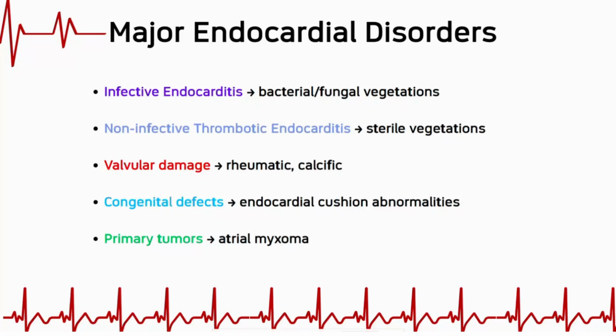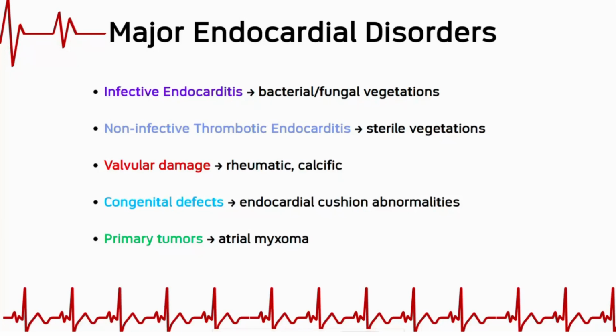They're like small fragments of leaves that can then get deposited in damaged areas of the endocardium and become infected. Then we also have non-infective thrombotic endocarditis, which has sterile vegetations.